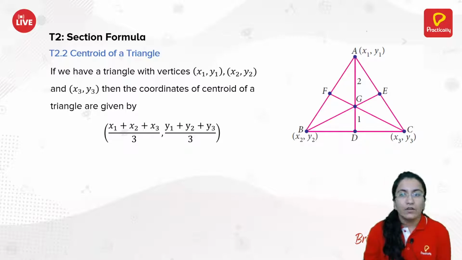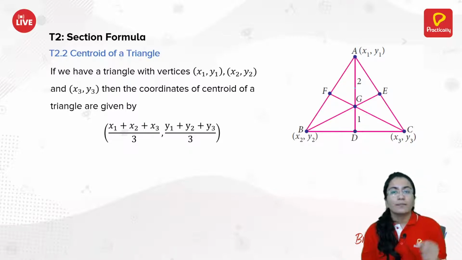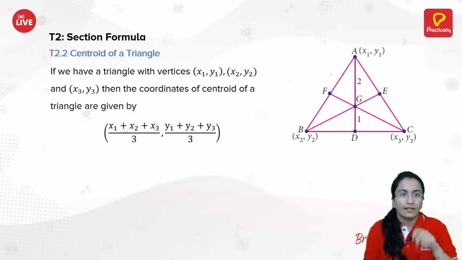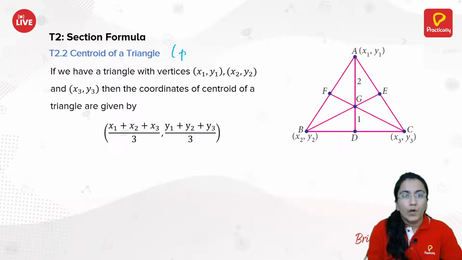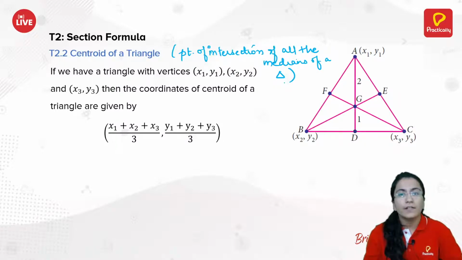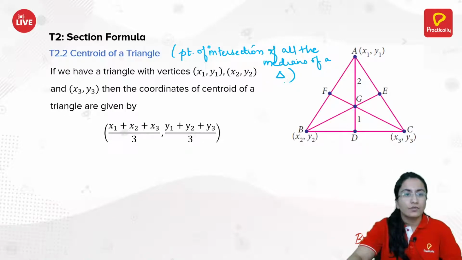Next, if you want to find the centroid of a triangle. The centroid of a triangle is basically the point of intersection of all the medians of a triangle, right? So the point of intersection of the medians of a triangle is known as the centroid.